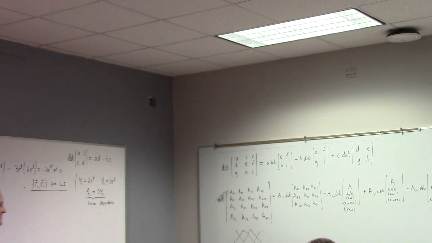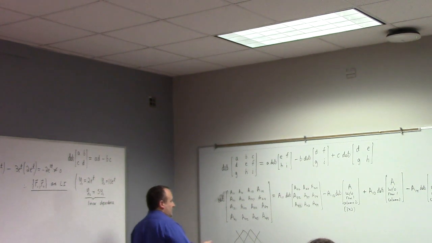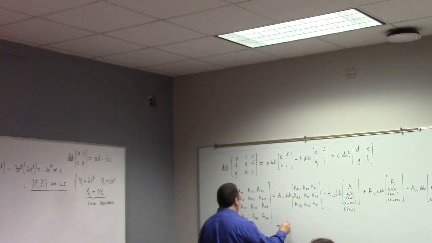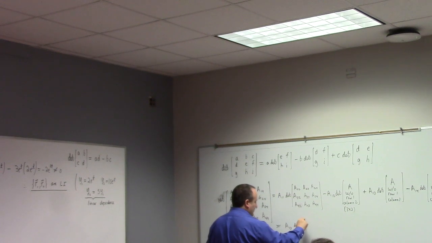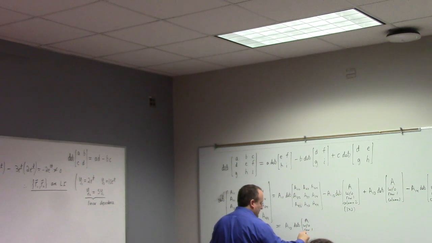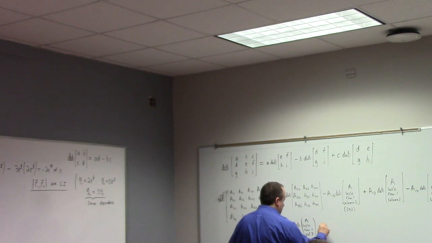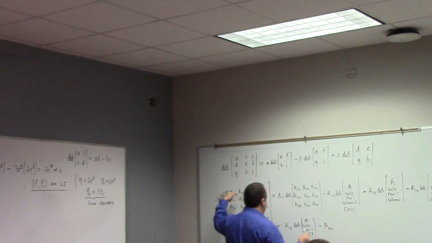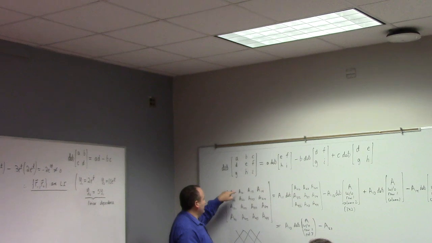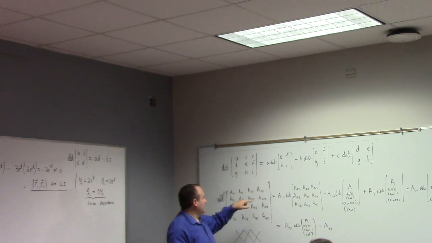Like the same, I could just as well have done A13, determinant of A without row 1 and column 3, minus A23. Actually, I got to check here. Plus, minus, plus. Okay, yeah.